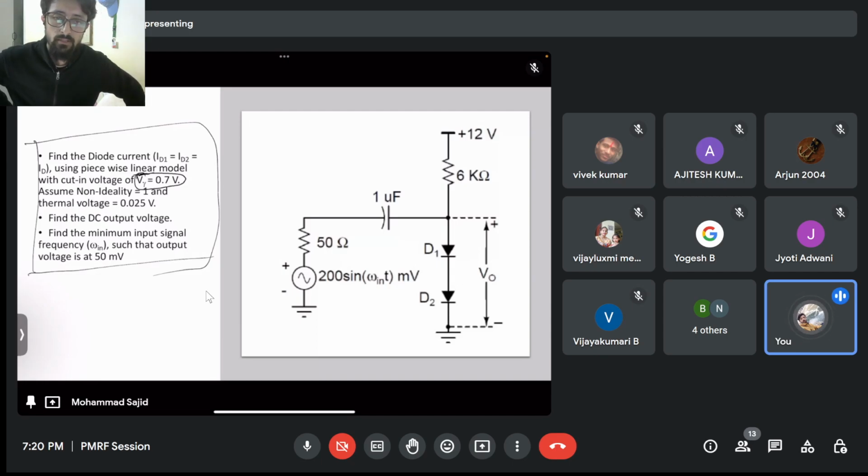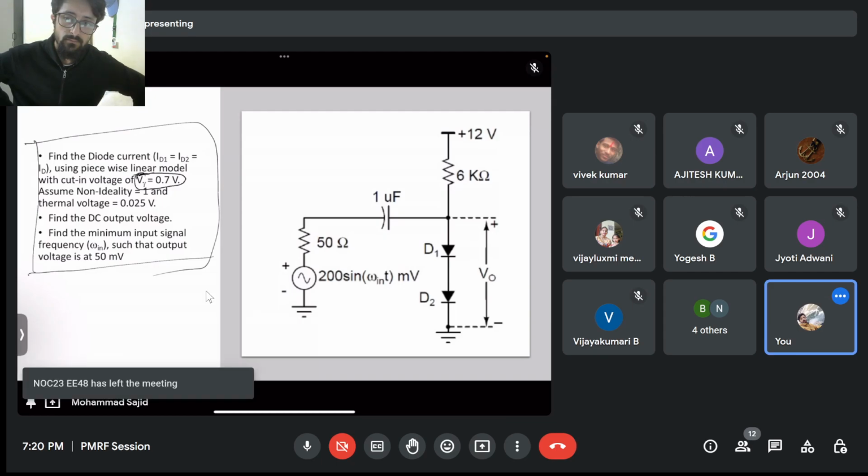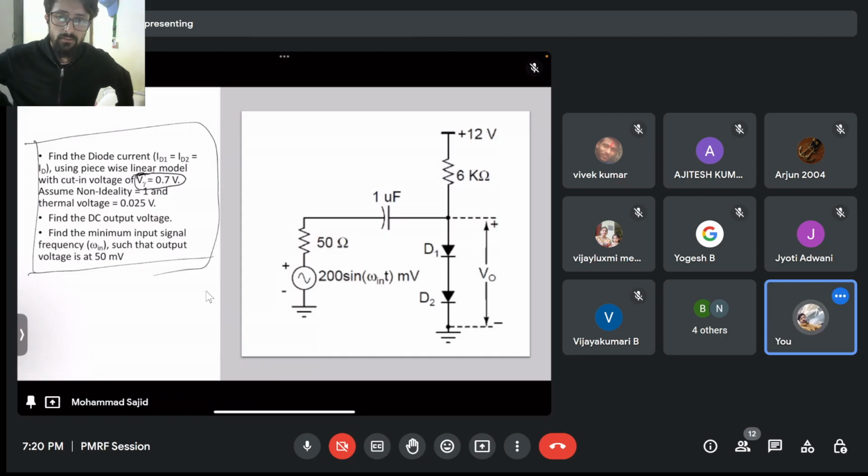If you can see the table of contents of this course, there will be dedicated lectures on MOSFETs and BJT. So you don't need to worry about it, just follow the course. You will find those lectures.